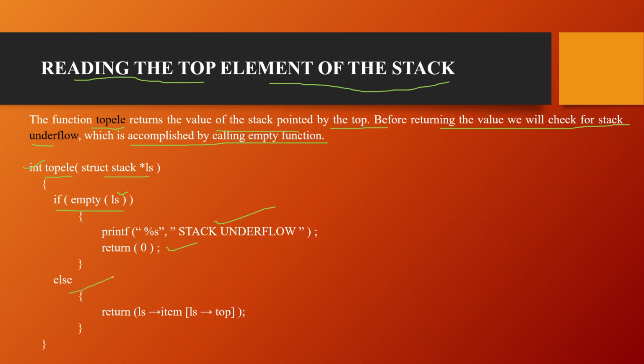Otherwise, we return ls item ls top. We return the value indicated by top in the array item, that is a stack. Clear hai ji? In this case, we are not decrementing the value of top because we are just reading the top element. We are not deleting the top element of the stack.